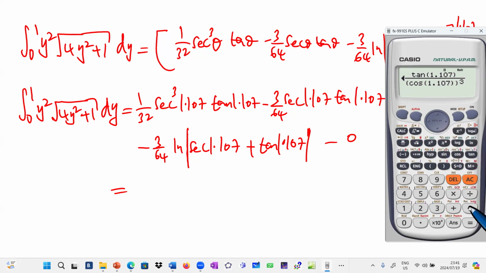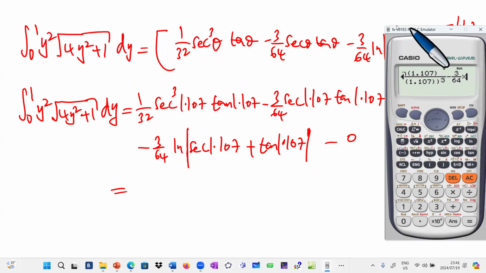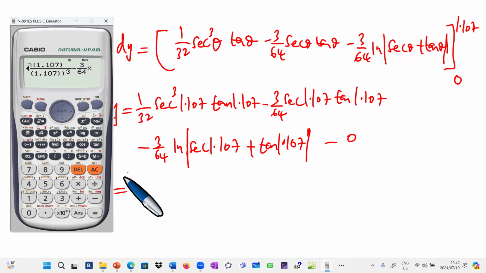And now this becomes minus 3 out of 64 times the tangent of 1.107. The calculator, I think, is in radians, and I have not changed the setting since last time.